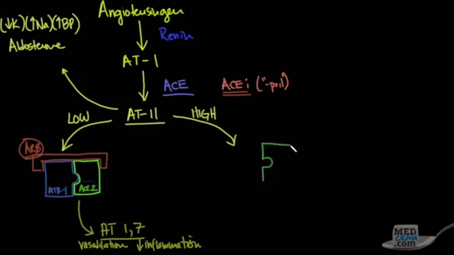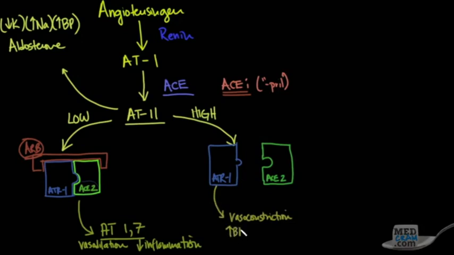You still have ACE-2, but the high levels of angiotensin 2 cause the angiotensin receptor to come off of ACE-2. And when that happens, when angiotensin 2 interacts with angiotensin receptor 1, the result is vasoconstriction, increased blood pressure, increased vascular permeability, pulmonary edema, and presumably ARDS.